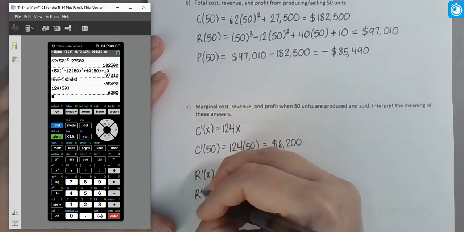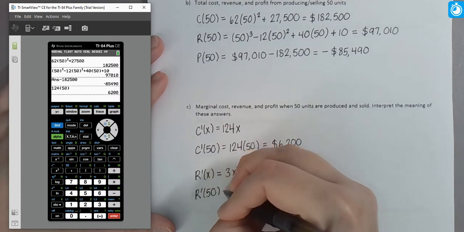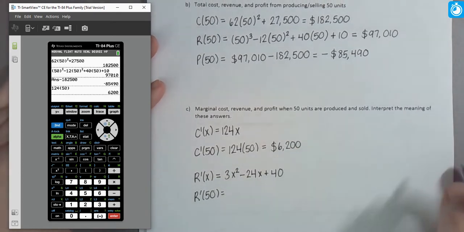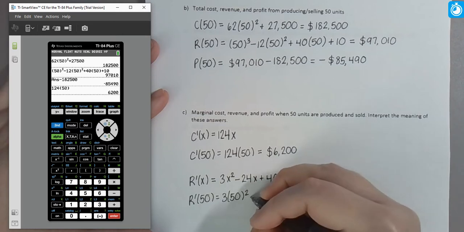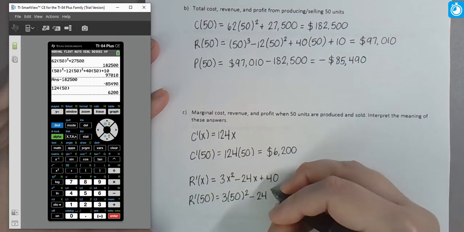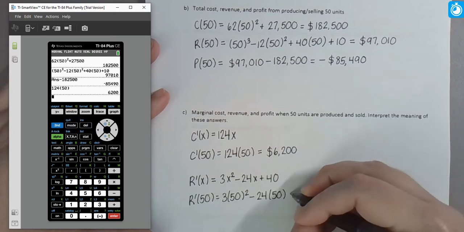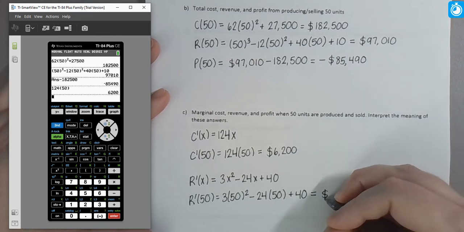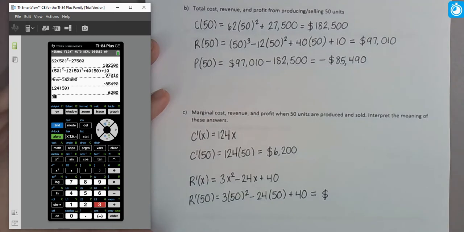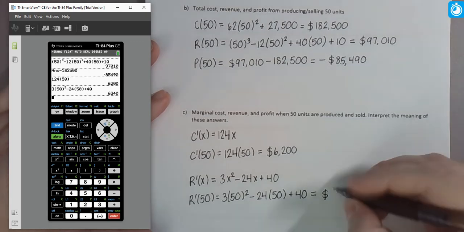And then we want the marginal revenue at 50 units. So 3 times 50 squared minus 24 times 50 plus 40. And again, we're talking about dollars. So 3 times 50 squared minus 24 times 50 plus 40, 6,340.